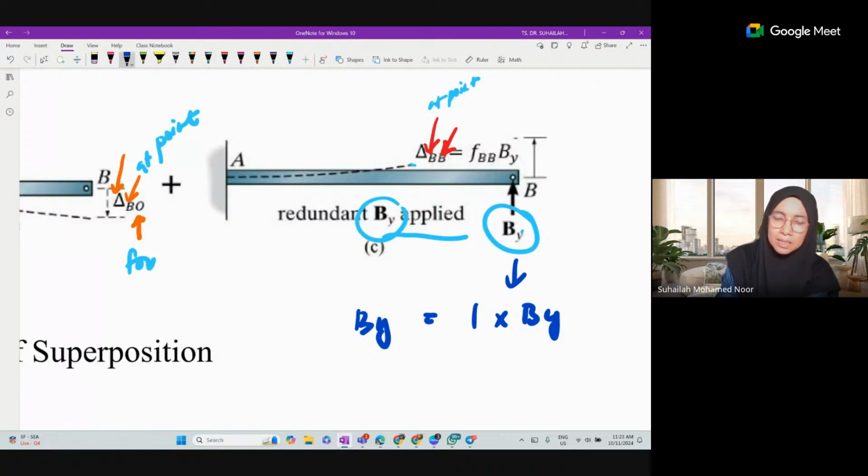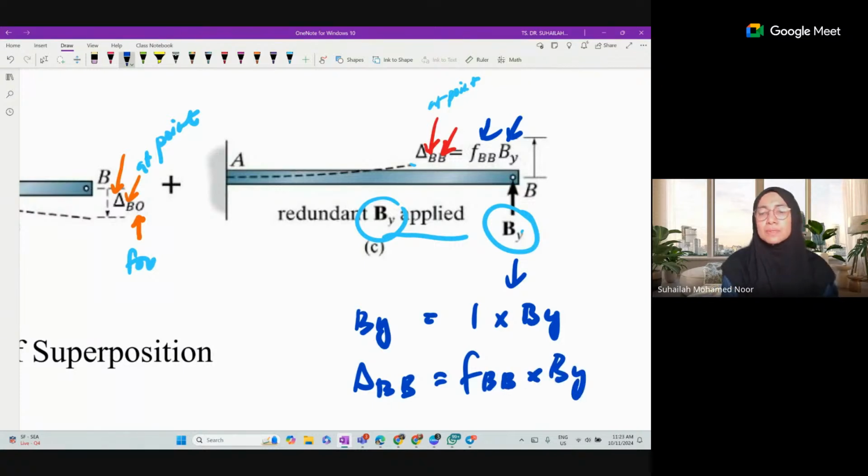So the delta is now changed to FBB times BY. Delta BB changed to FBB times BY. Okay, now it is FBB times BY.